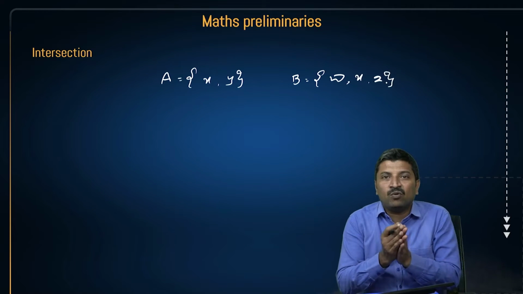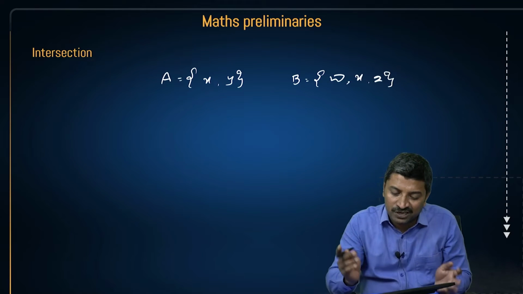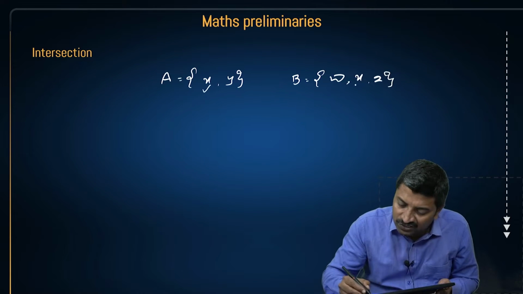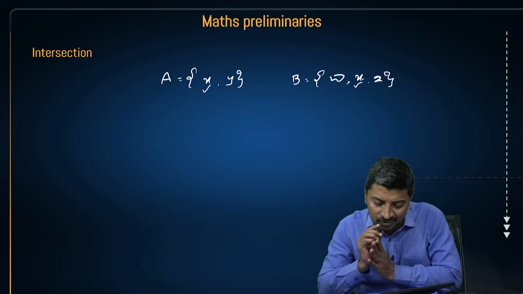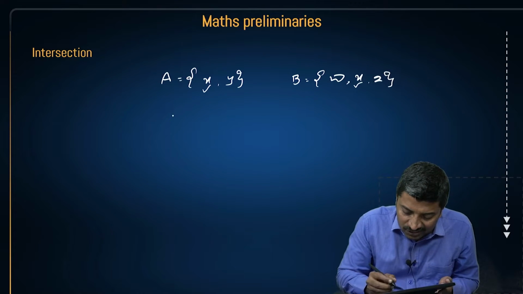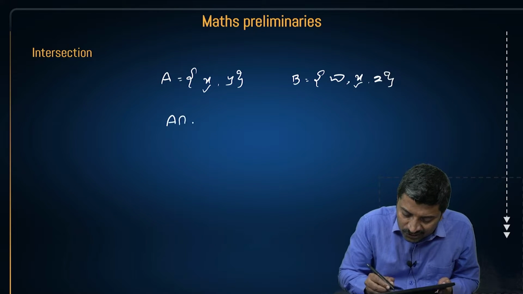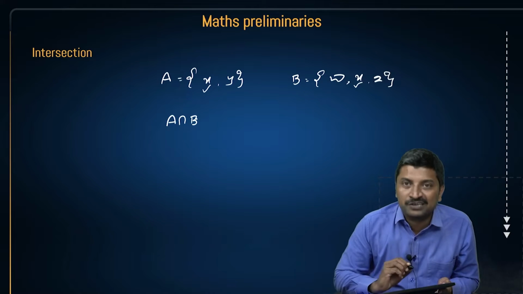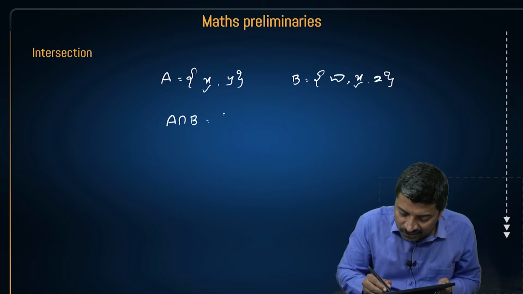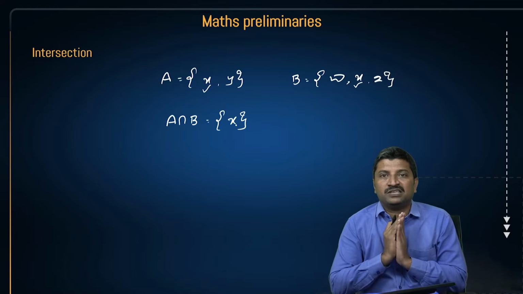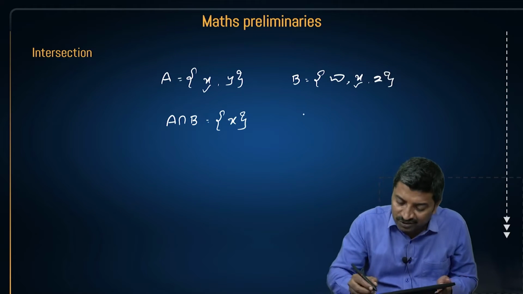Now what are the common elements of these two sets? X belongs to both of the sets. Any other elements? No. So the set of all common elements of these two sets is denoted by A intersection B. And the common element in this example is x.